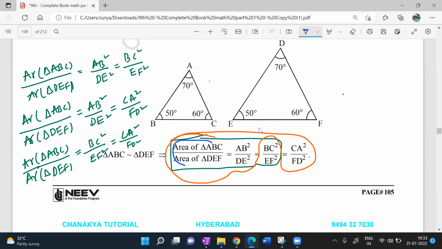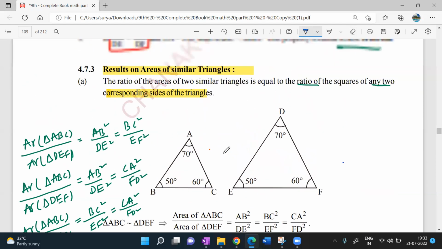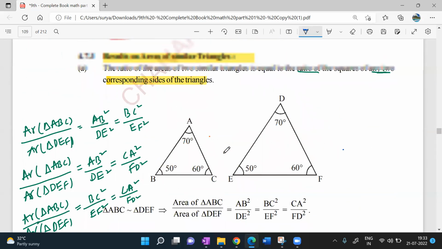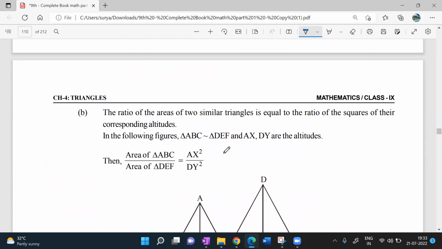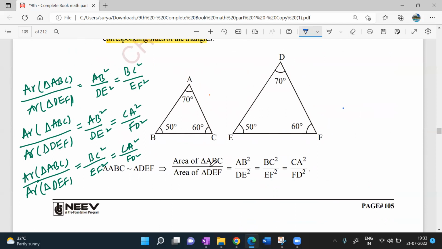Look at this. Understand my point? So just three different combinations you can write. So the ratio of areas of any two similar triangles is equal to the ratio of squares of any two corresponding sides of the triangles. That is the first point. Suppose they ask the ratio of DEF triangle area to ABC, then it will be opposite.